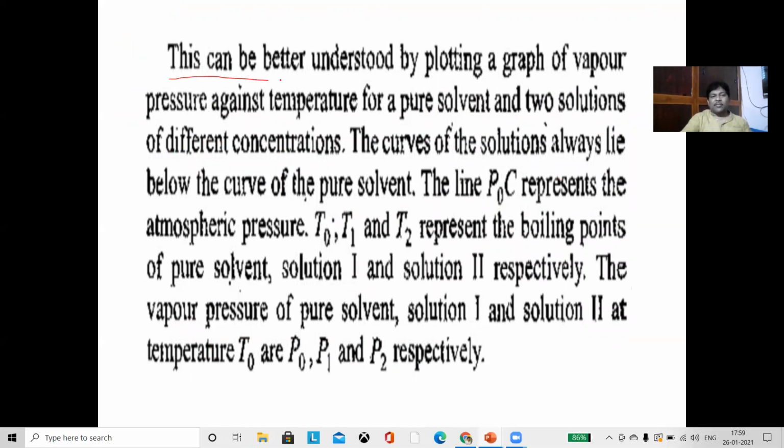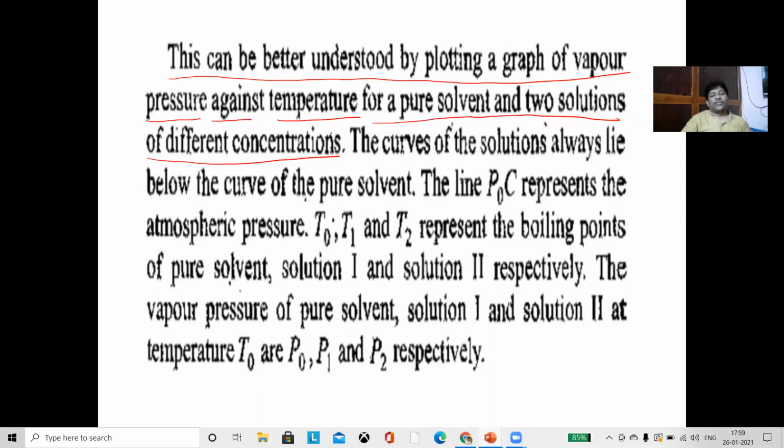Next, this can be better understood by plotting a graph of vapor pressure against temperature. The vapor pressure versus temperature graph shows the elevation in boiling point for a pure solvent and two solutions of different concentrations.